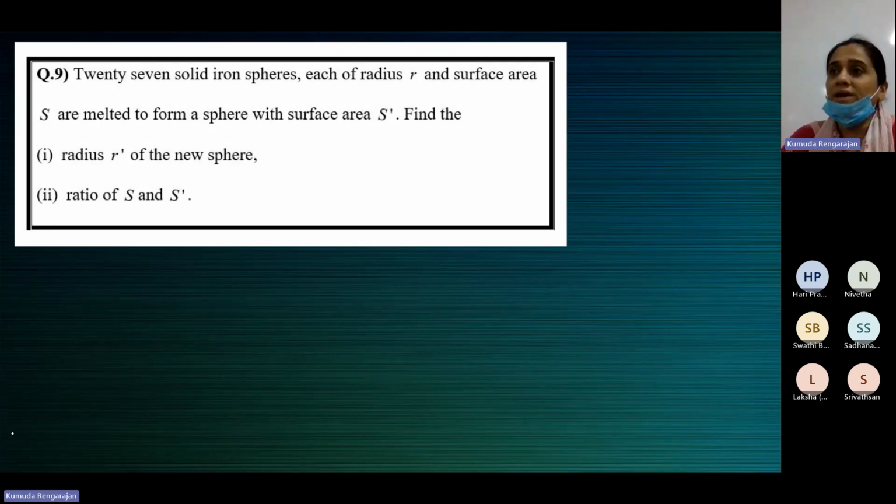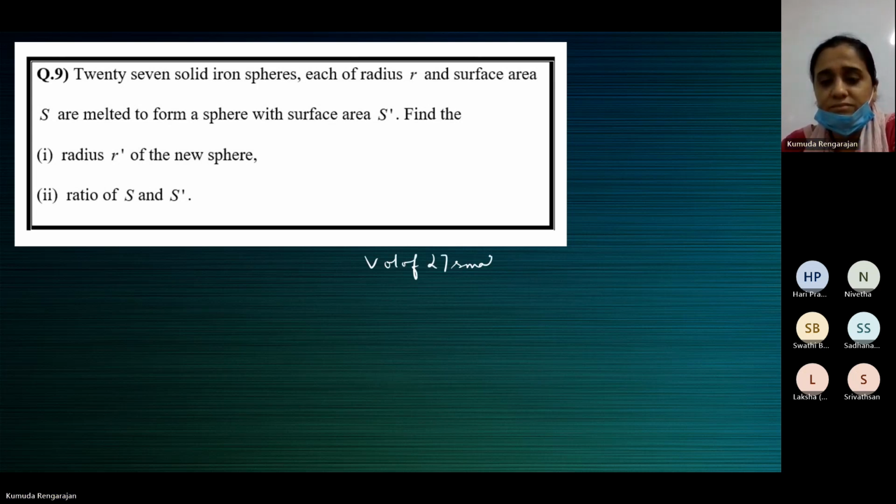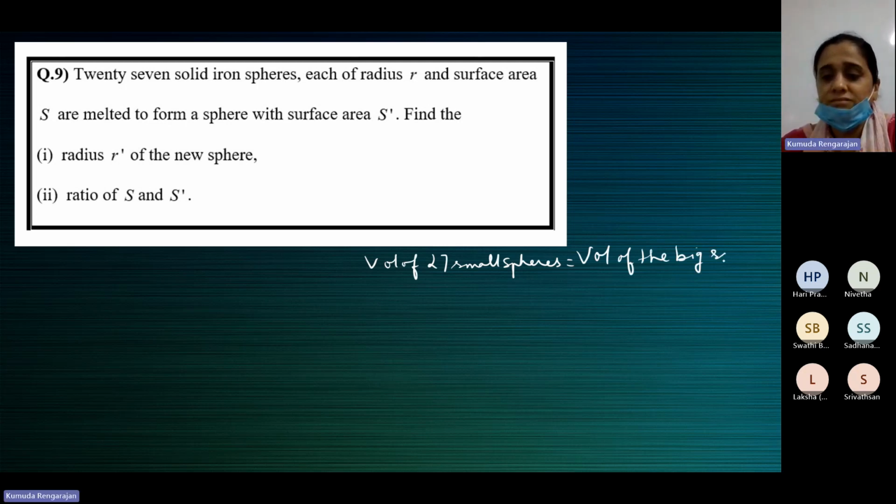Here, 27 solid iron spheres. 27 spheres are melted and made into one sphere, right? So volume of 27 small spheres, or you can write it the other way around also.